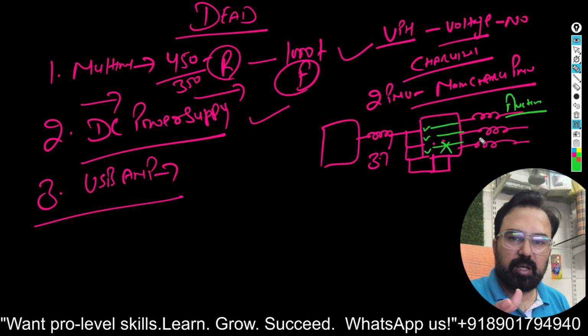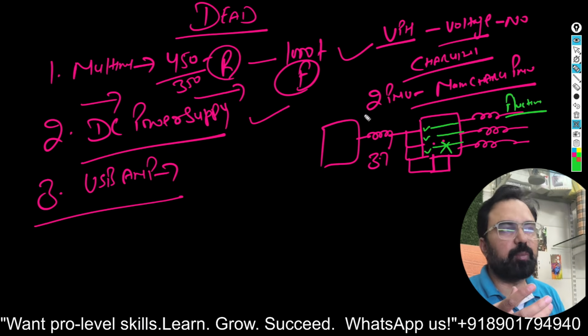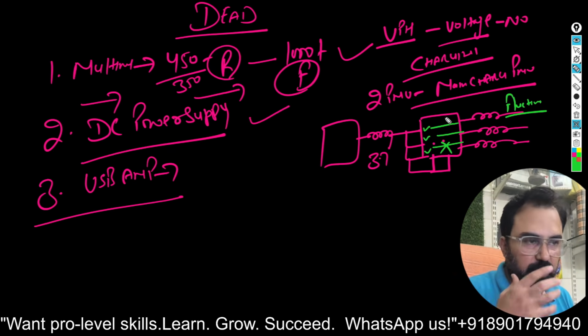So if any buck does not have an input, it does not generate, and the CPU does not hold and the CPU does not give you a PS hold signal. So all the bucks fluctuate.